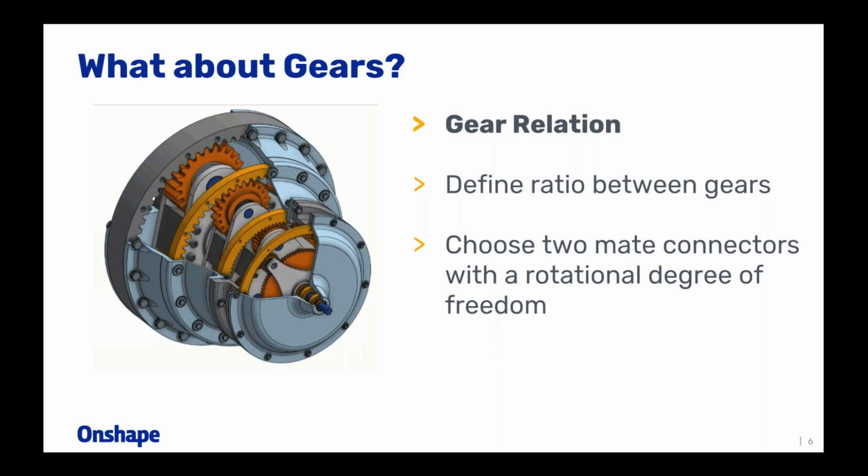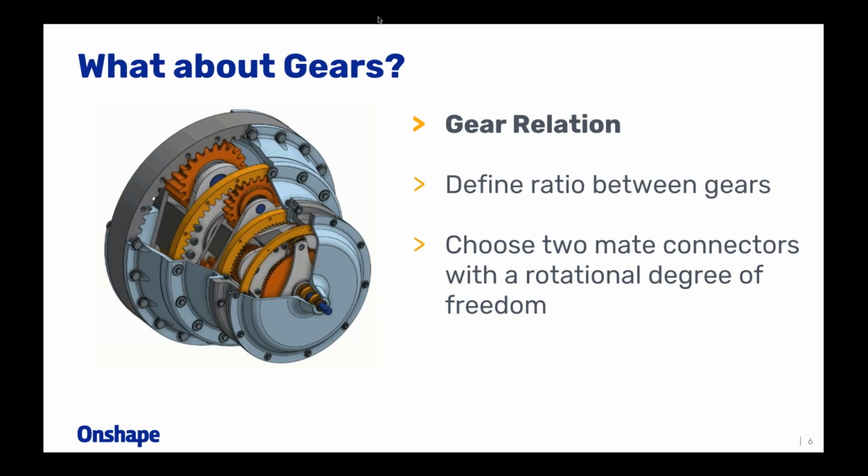So the important first step for any gear relation is mating the gears into place, and having that necessary revolute or cylindrical mate in place that allows for rotation. In Onshape, we take the gear relation, we define the relationship between the two mates by choosing which ones, in order, and the ratio. So it's very simple.